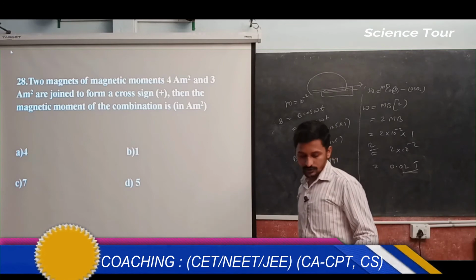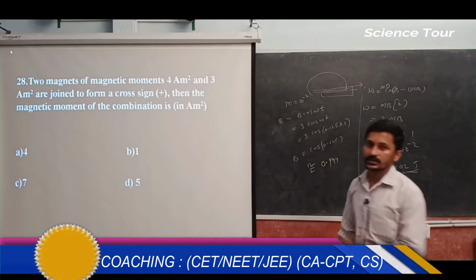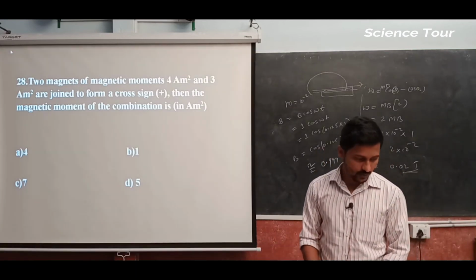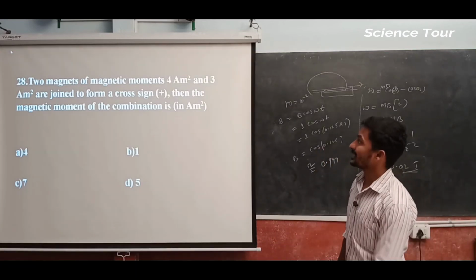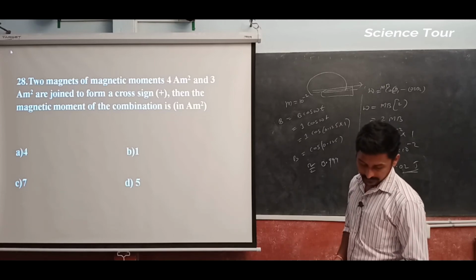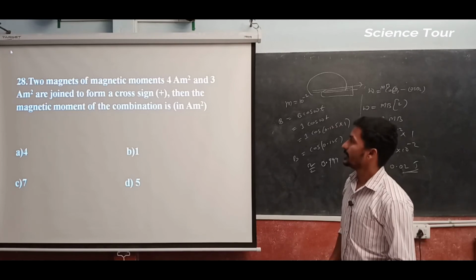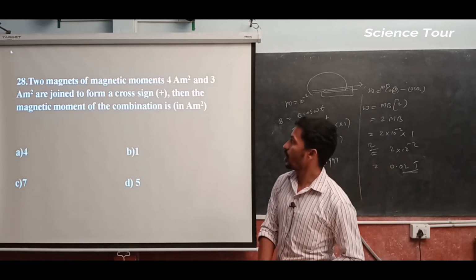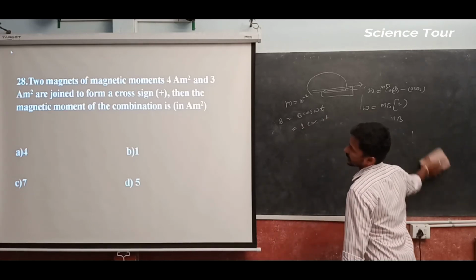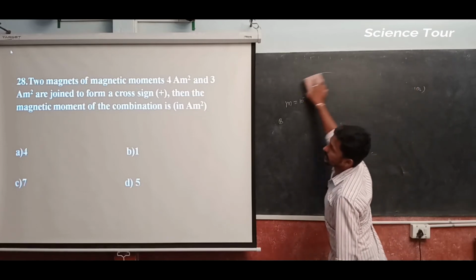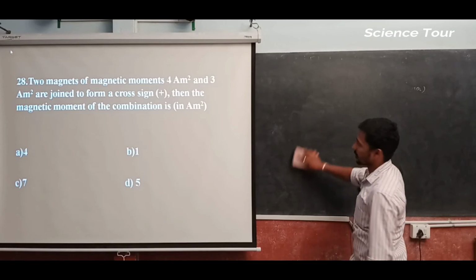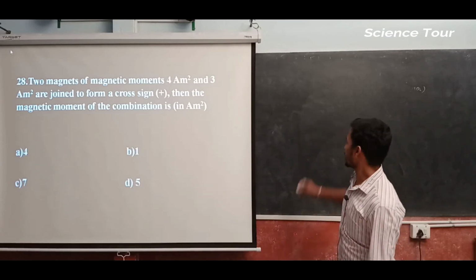So next you are going to get the next question. Two magnets of magnetic moment 4 ampere meter square and 3 ampere meter square are joined to form a cross, a plus mark. Then what is the magnetic moment of the combination, the net magnetic moment?